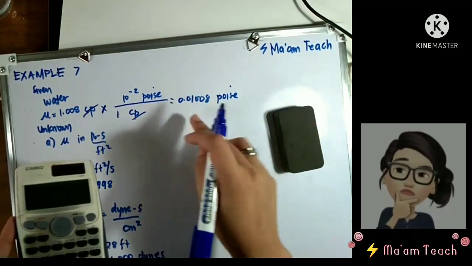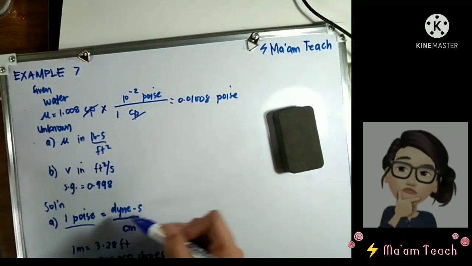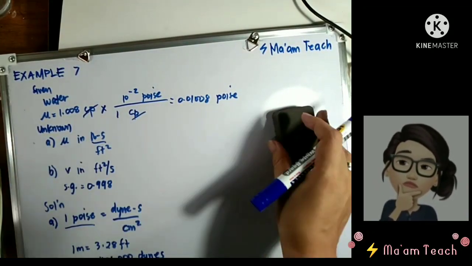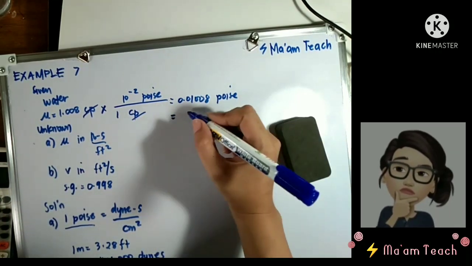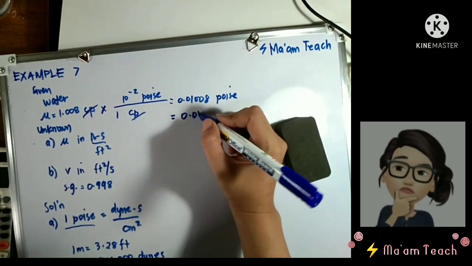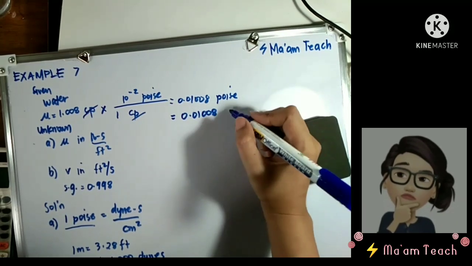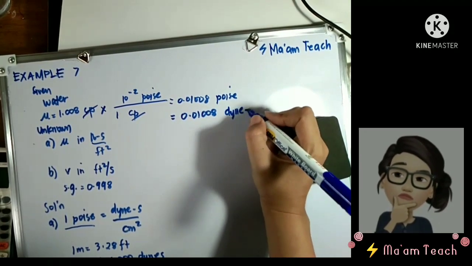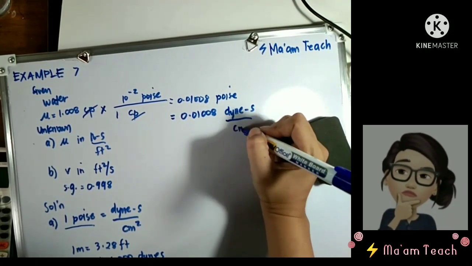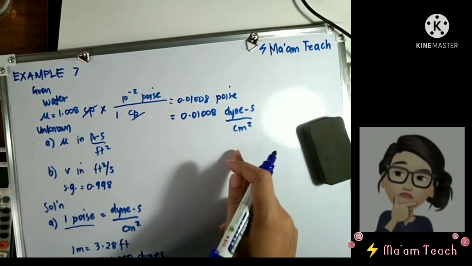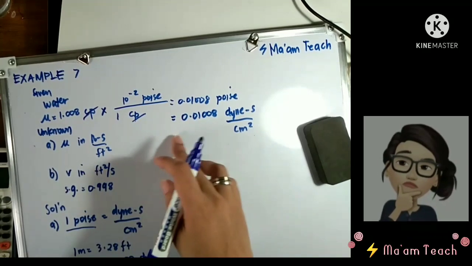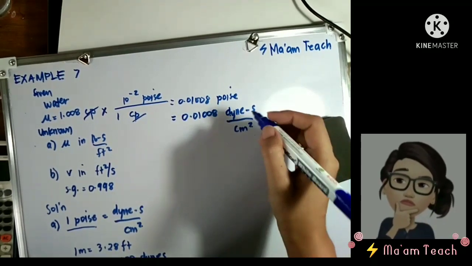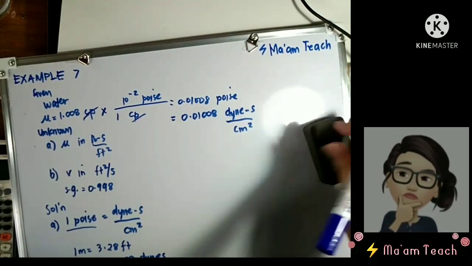Since poise is equal to dyne second over square centimeter, this means our value here is 0.01008 dyne second per square centimeter. Can you follow? So this will be our working value. From here, we'll convert first.